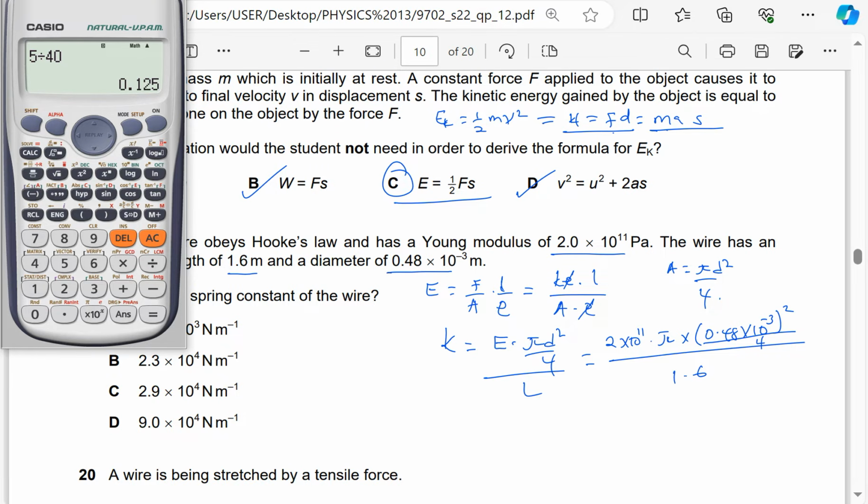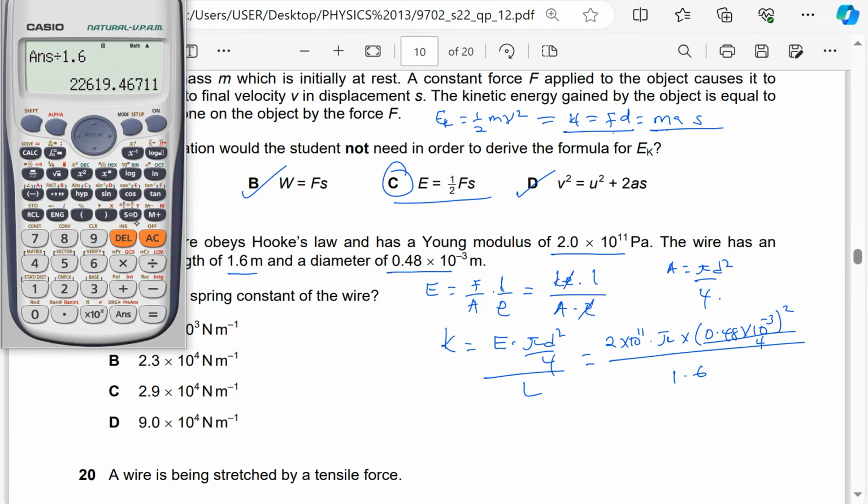So from my calculator, I have 2 exponent 11 times pi times 0.48 exponent minus 3 squared, divide by 4, then divide by 1.6.